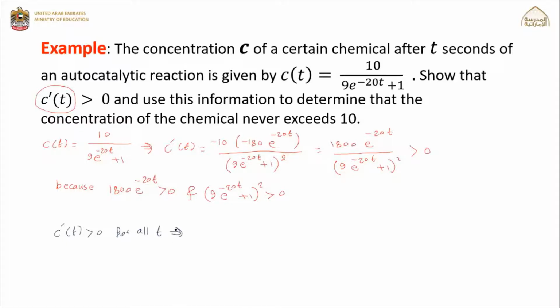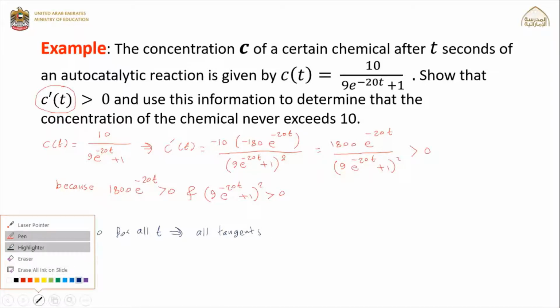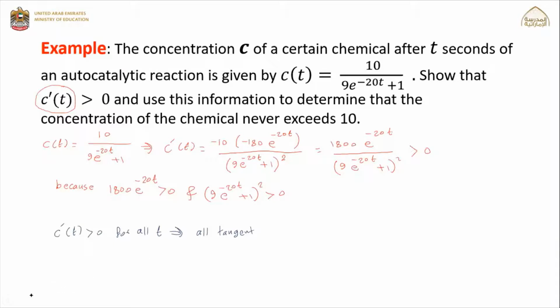That means all tangent lines have positive slope.